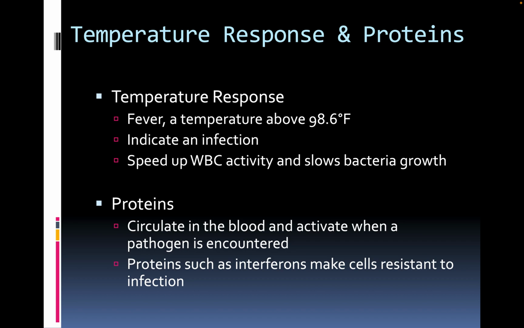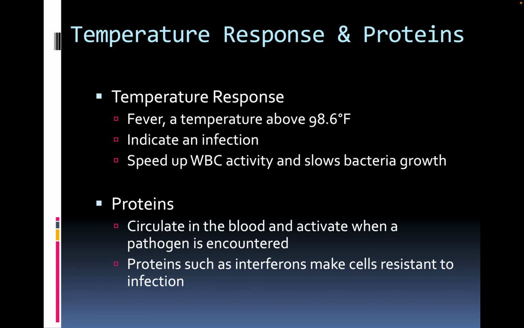And it's actually really the release of the histamine, so that gets into your bloodstream. That goes eventually to your brain, and your brain starts recognizing the buildup of histamine, and it starts to increase your body temperature. And what does that do? Well, causing an increase in body temperature speeds up your white blood cell activity, but it also slows bacterial growth. At least that's the idea.